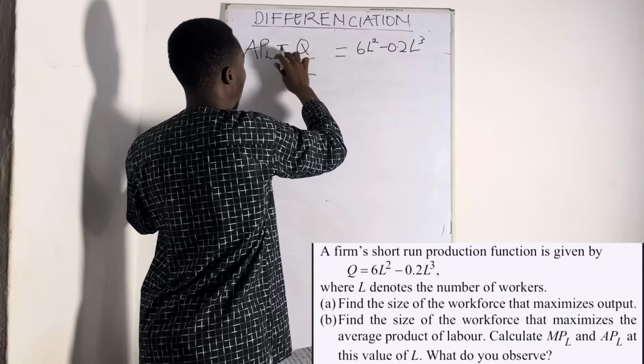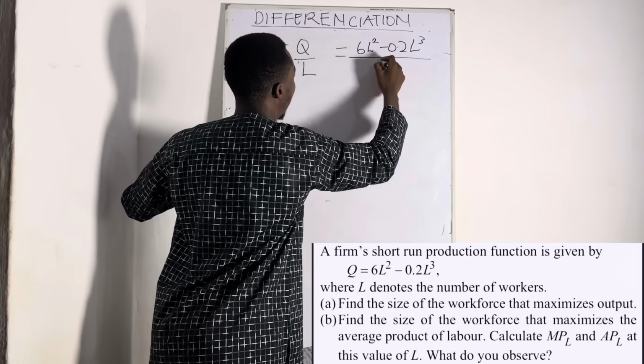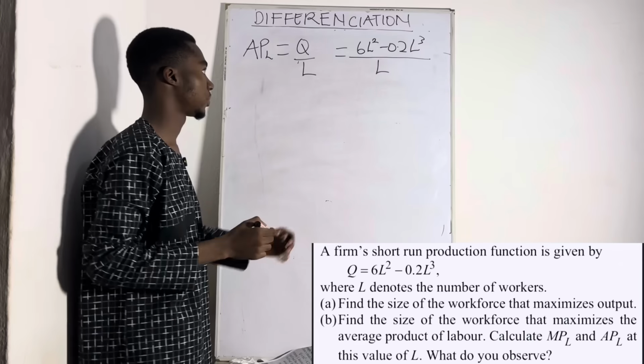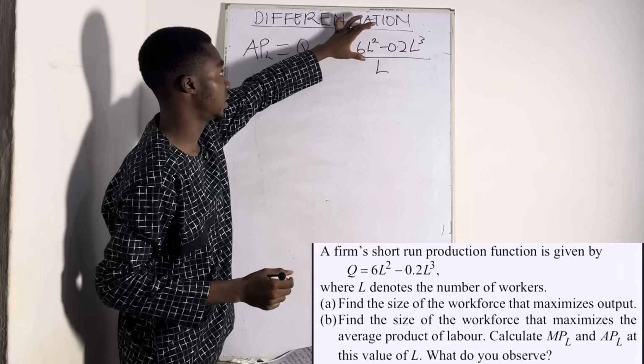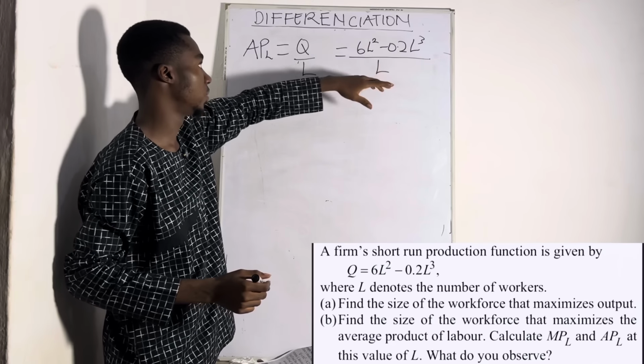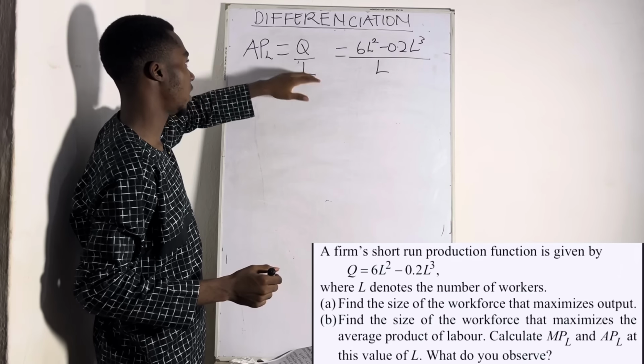This is our quantity, which is our numerator. Then over labor. So this is our average product of labor. So our quantity is 6L squared minus 0.2 L cubed, which is given in the question, then over the labor.